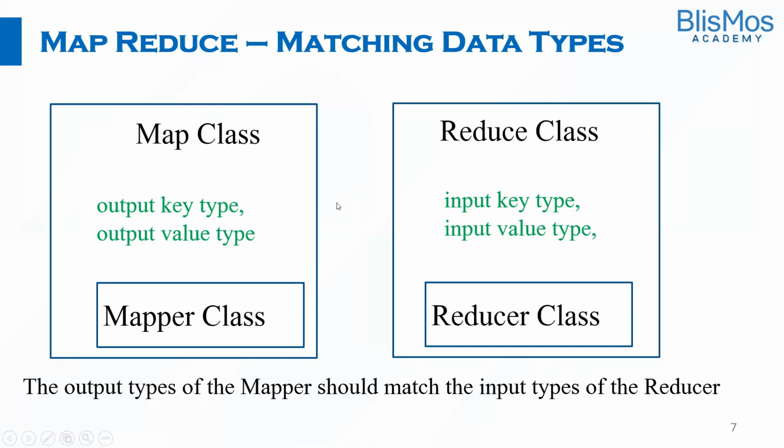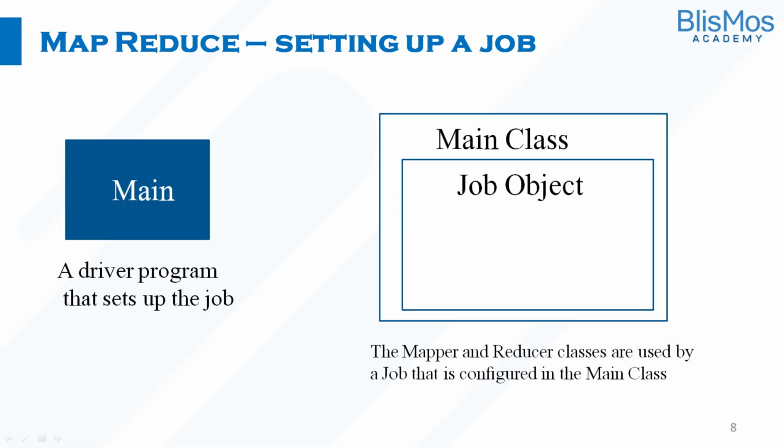In our word count case, we would have a string as the output key type in the mapper class and as the input key type in the reducer class. And the output value type will be an int here and also an int here. If you don't match this, you will not get the desired results. There'll be a bug in your code. This is another important aspect to be taken care of.